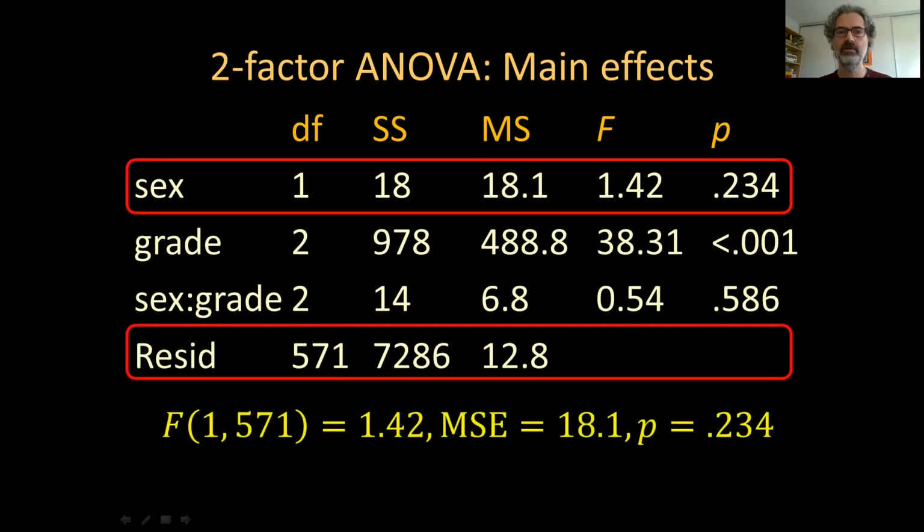So if we want to answer the question whether there are differences between the means for the two sexes, then we have to divide this mean square here, the mean squares between for this factor, by the residual mean squares here, that's mean squares within, for the whole table, so the unaccounted part of the variance, and that's the ratio. That's the F value, and the associated P value is not statistically significant.